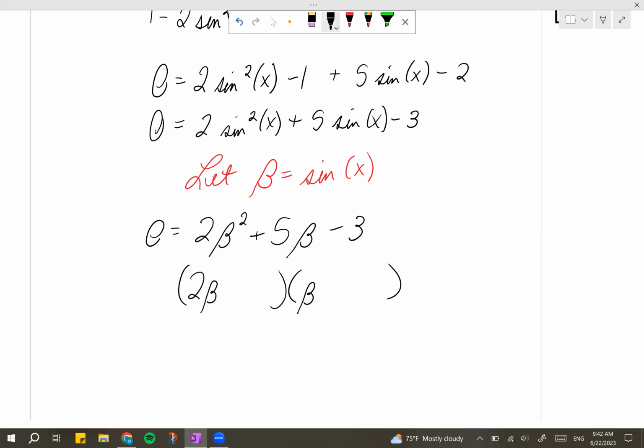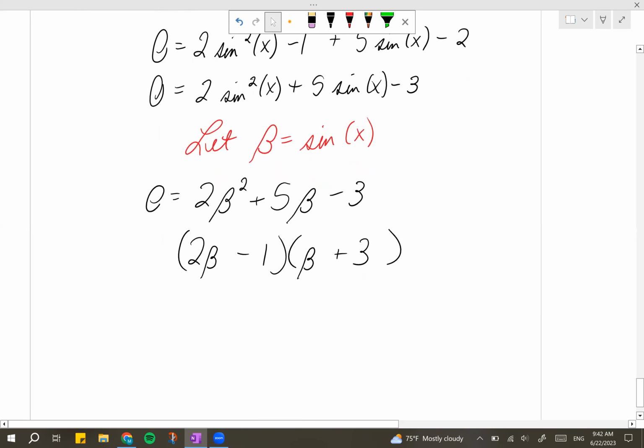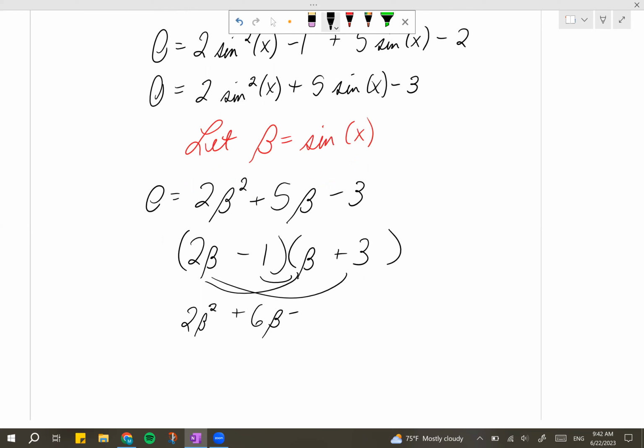Let's do plus 3 minus 1. Does that work? I can FOIL this out to check. So that's 2 beta squared plus 6 beta minus beta minus 3. So yes, this works.